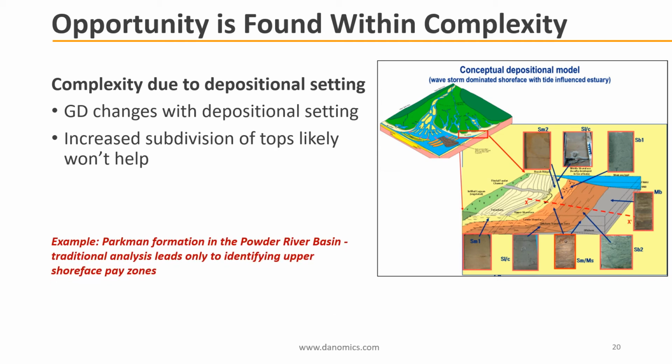And if you want to see a good example of this, I would say let's go up to the Powder River Basin. There, traditionally the Parkman sandstone, it was drilled in the upper shore face depositional facies, where you have a nice high quality sand there, and there are lots of old vertical producers. However, as companies started to get more sophisticated in their analyses and as horizontal drilling techniques became available, they were able to identify potential in the lower shore face sands.